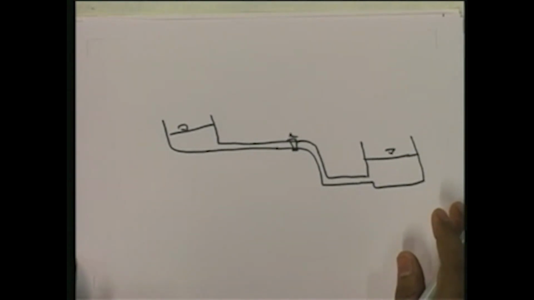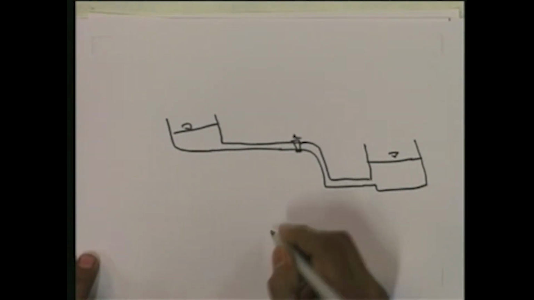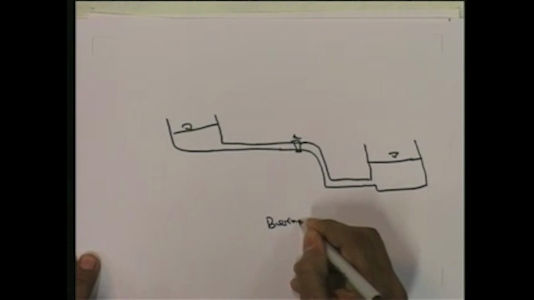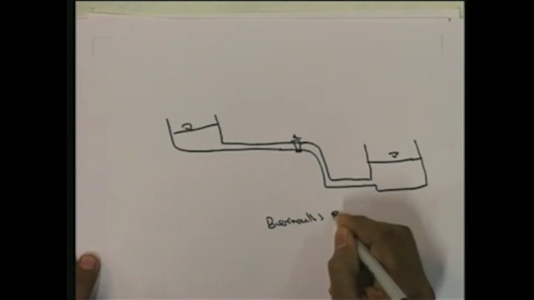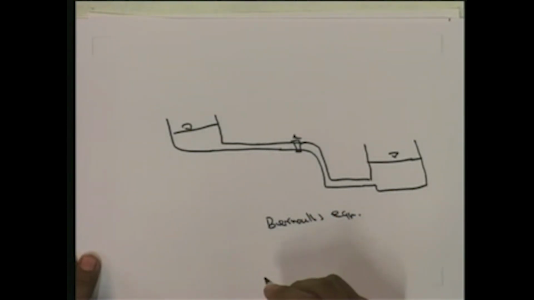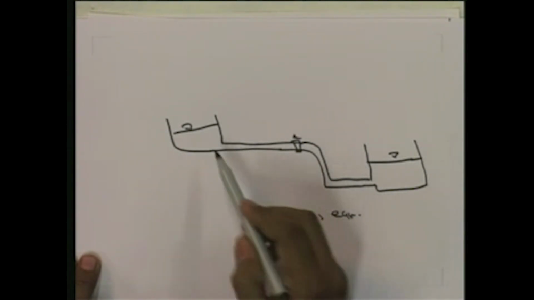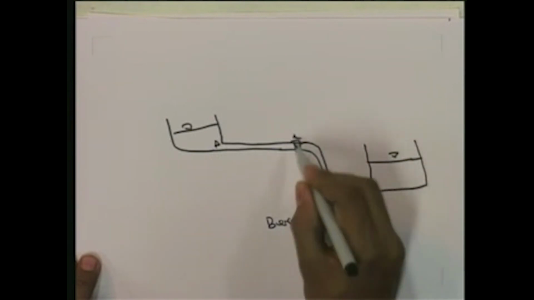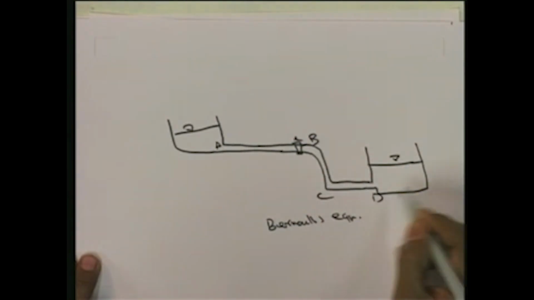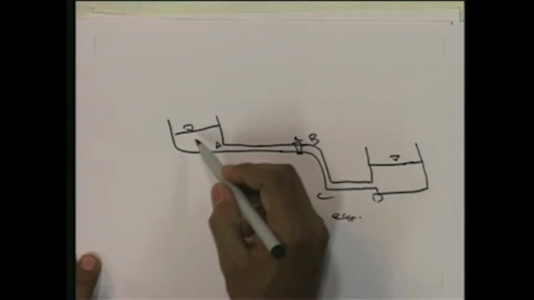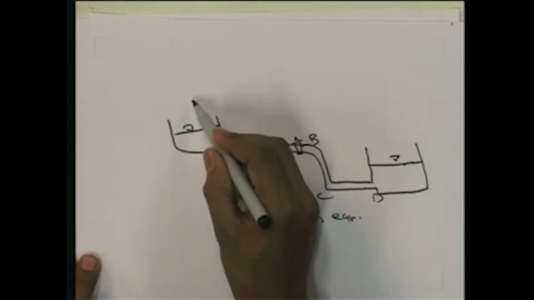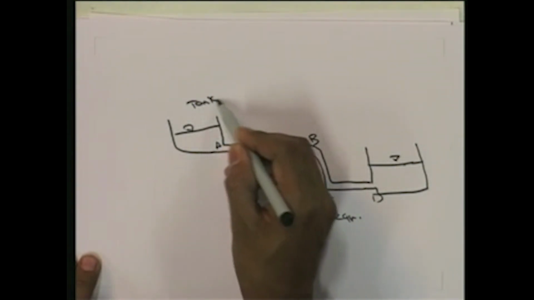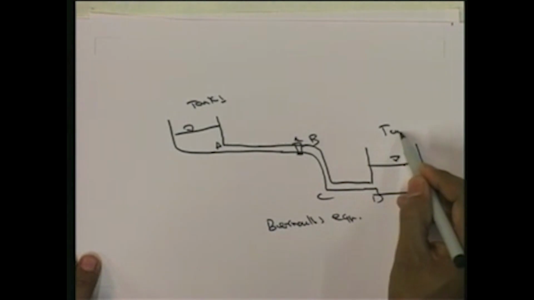So, here we can use the Bernoulli's equation to solve these kinds of problems. Between two sections, say this is A, B, C, D, between reservoir 1 or tank 1, and this is tank 2.